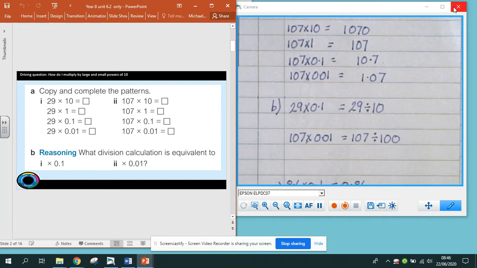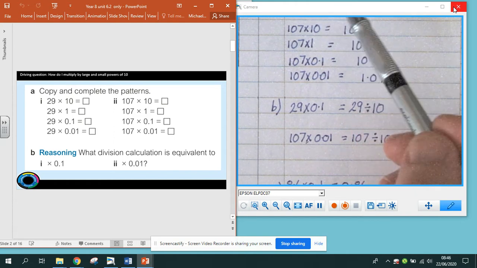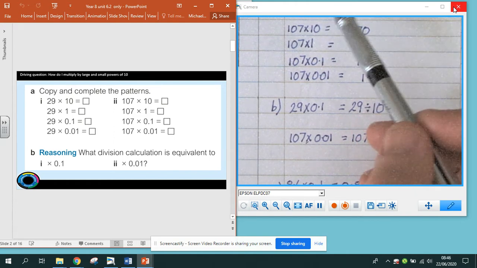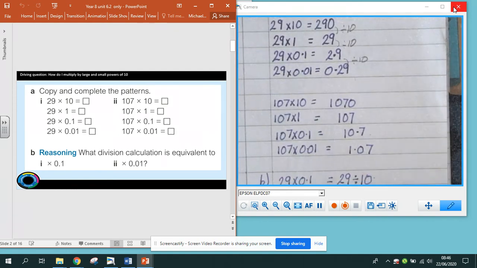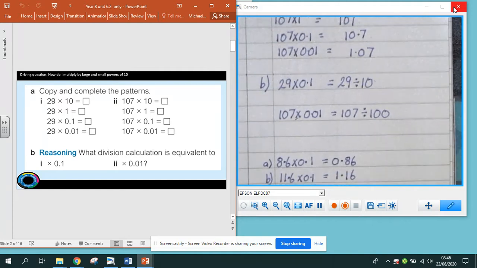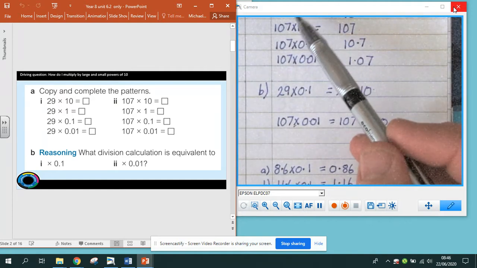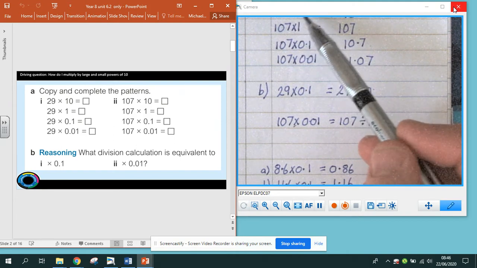So what division calculation is the same as 29 times 0.1? Well, 29 times 0.1 is the same as 29 divided by 10, because the answer is 2.9. What calculation is the same as 107 times 0.01?